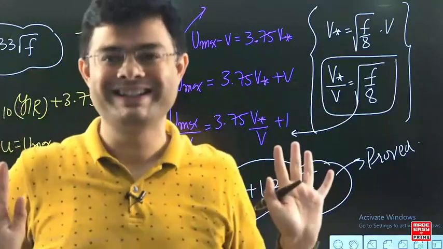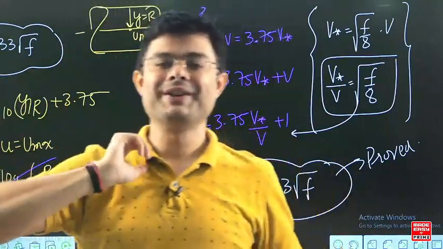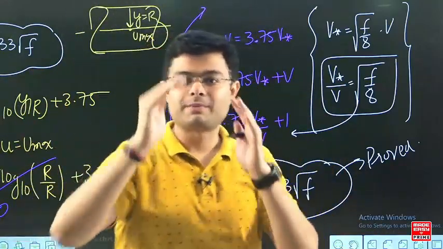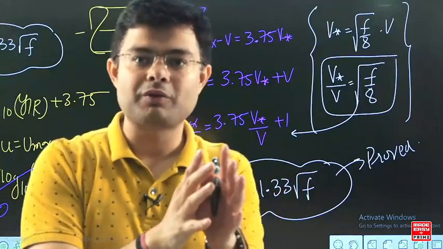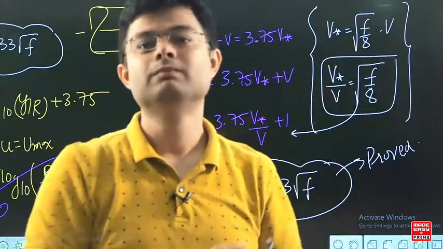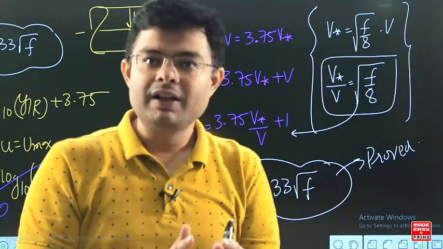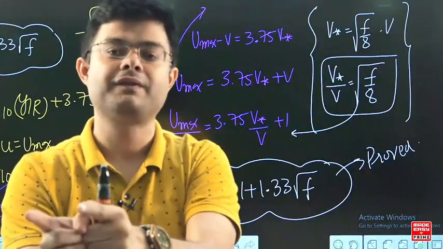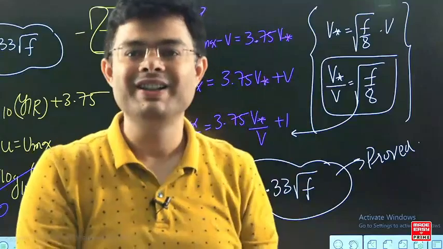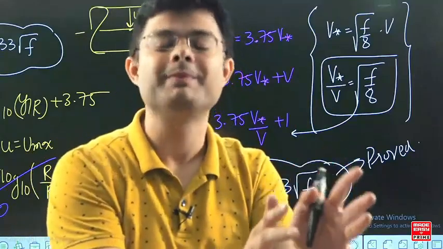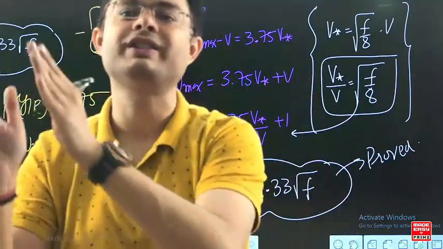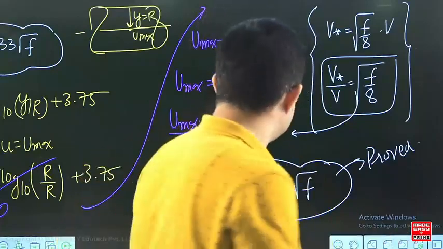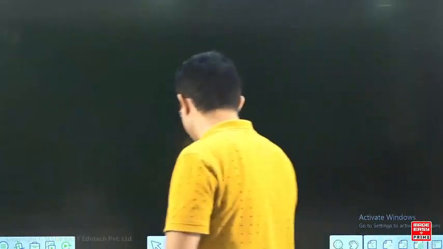So Umax by V for laminar flow through a circular pipe is 2. Umax by V for laminar flow between parallel plates is 3 by 2, 1.5. Umax by V for turbulent flow through a pipe is 1 plus 1.33 of root F.